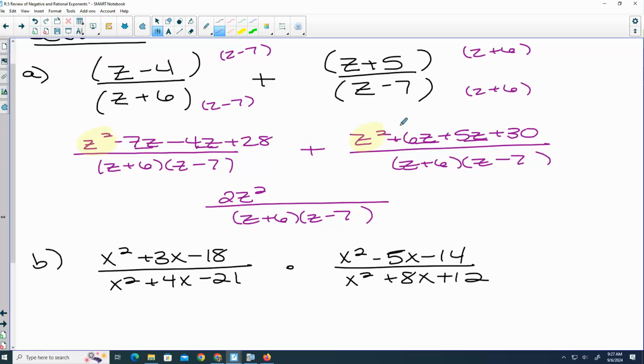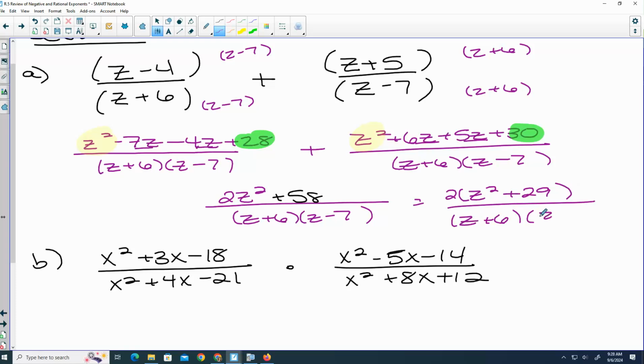It's negative 11Z and positive 11Z, so that cancels. 28 plus 30. At this point, you could, if you wanted to, factor a 2 out of the top, but does it help me reduce anything? No. So either of those is okay for our final answer.